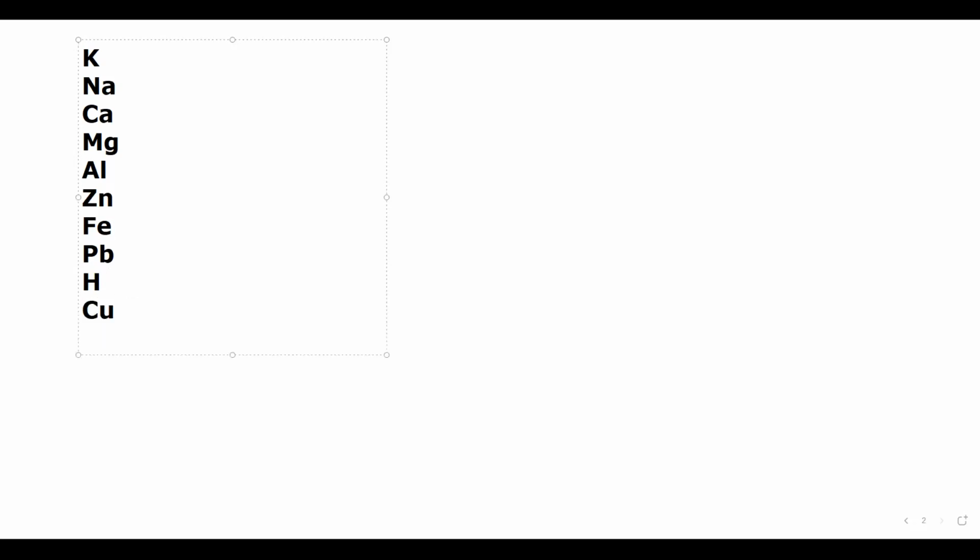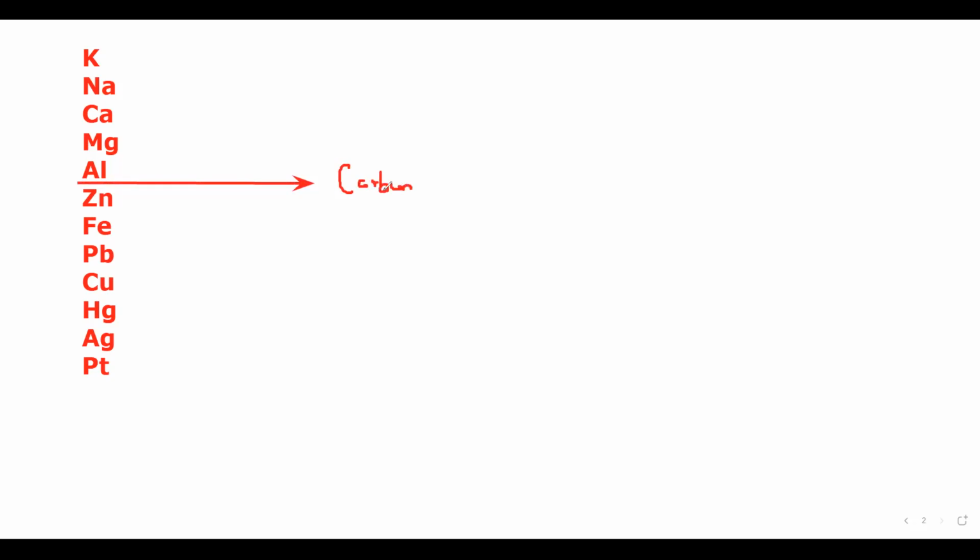But hydrogen is not a metal, so I'm not writing hydrogen here. But it is important that you should know the position of two elements. Number one, carbon. So carbon is there between aluminium and zinc. This is the position of carbon.